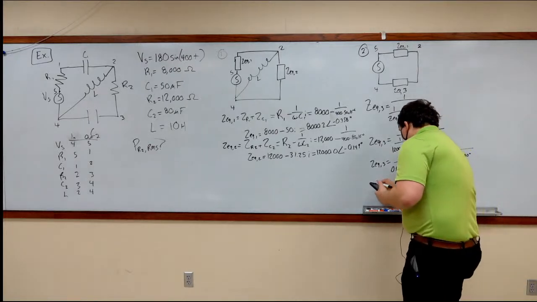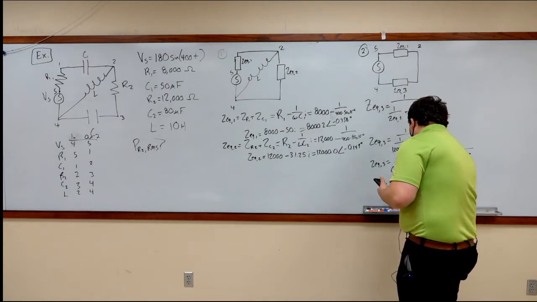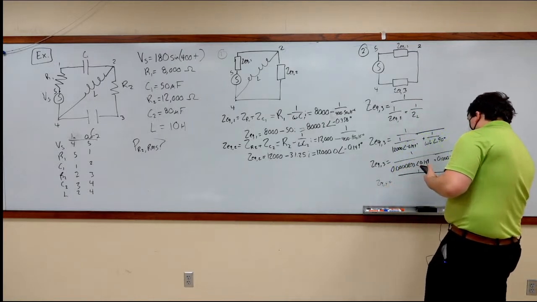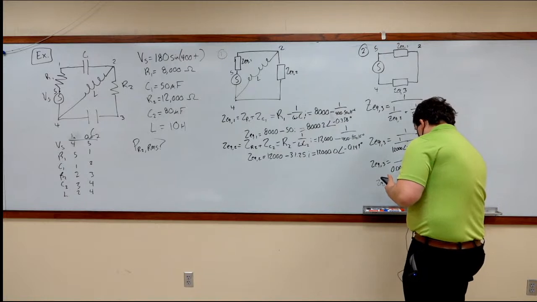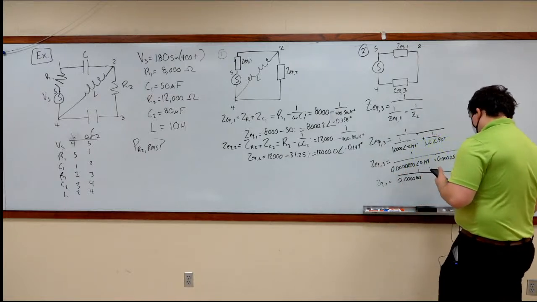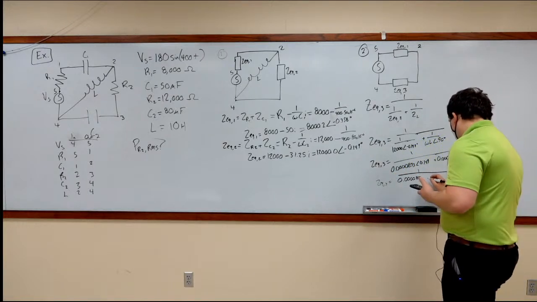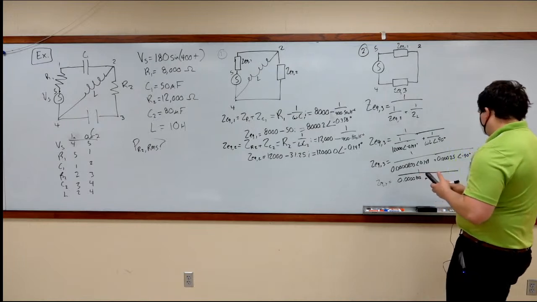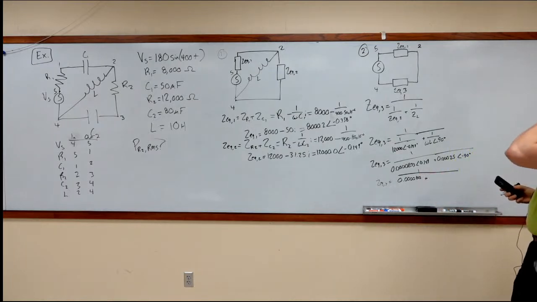Okay, so ZEQ3 is equal to 1 divided by 0.0000833 plus, well, that becomes a minus.